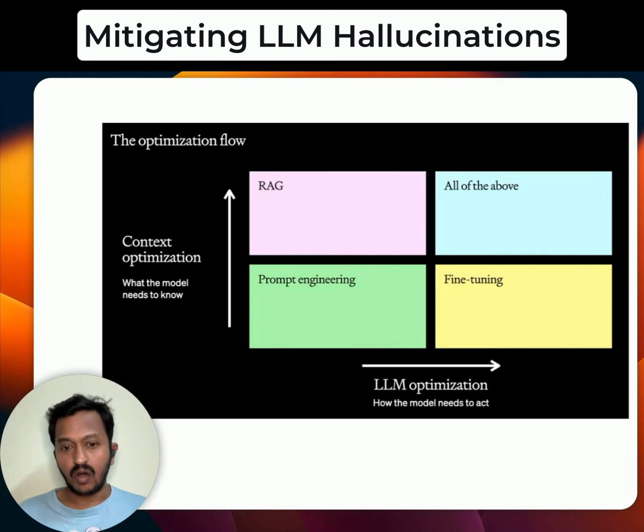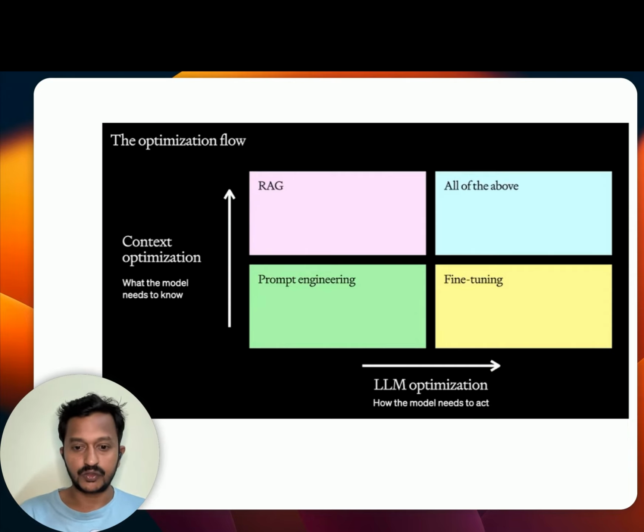So with all these three strategies, we are basically mitigating the LLM hallucinating behavior. And among these three approaches, RAG is considered one of the more sophisticated approaches.